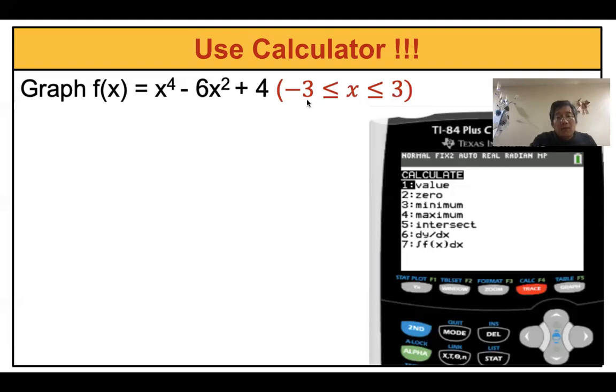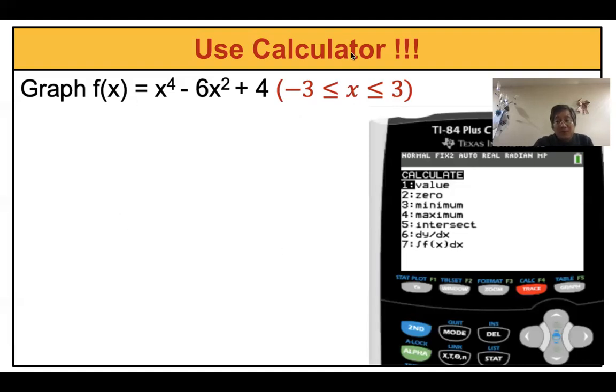So now we know what the y-intercept is, right? The y-intercept is 4, because when x is 0, y is 4. So that's the easiest thing to find. And you know the shape of the graph of x to the fourth power is this, right?